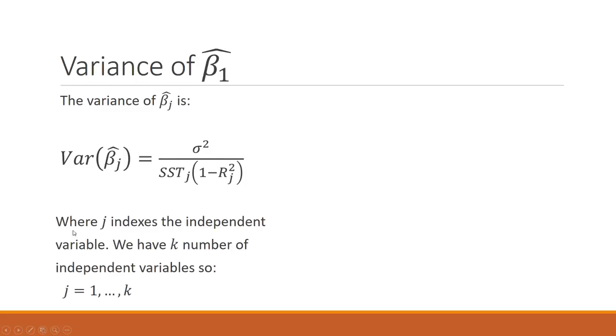And again, j indexes the independent variable. We have k independent variables, so j could take any integer value between 1 and k. All right. So here's our equation for the variance of beta j hat.